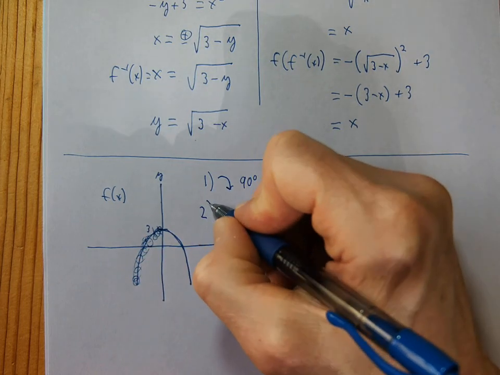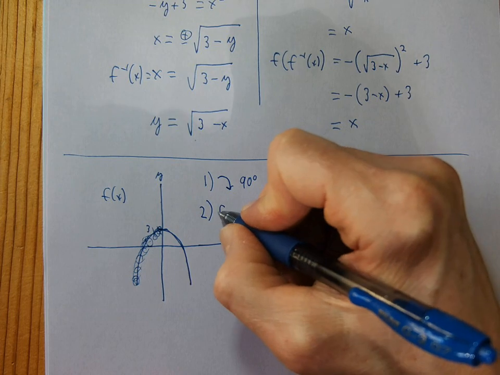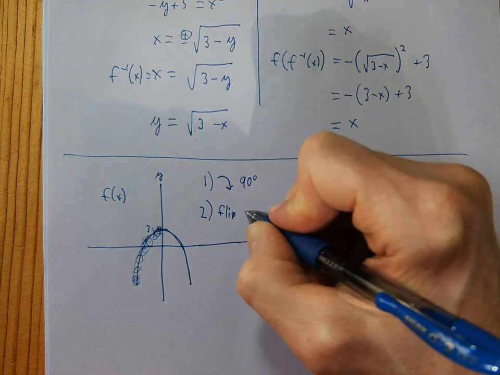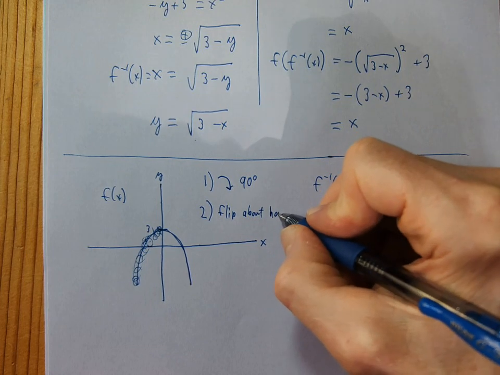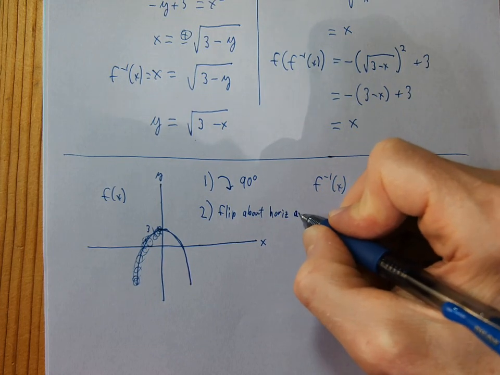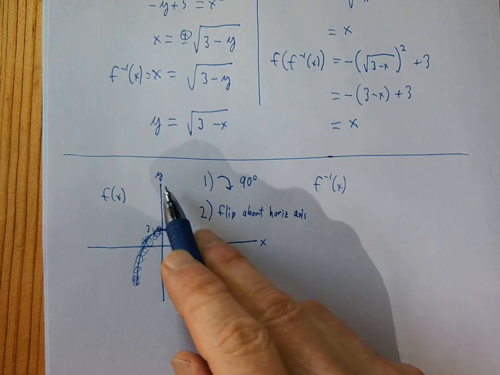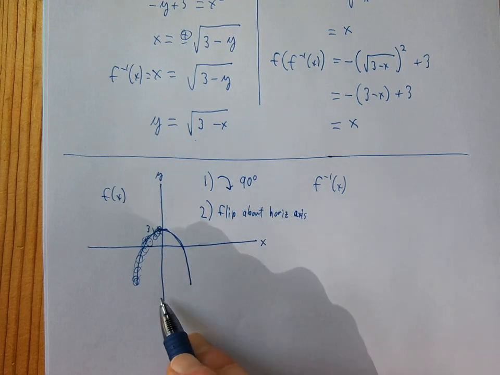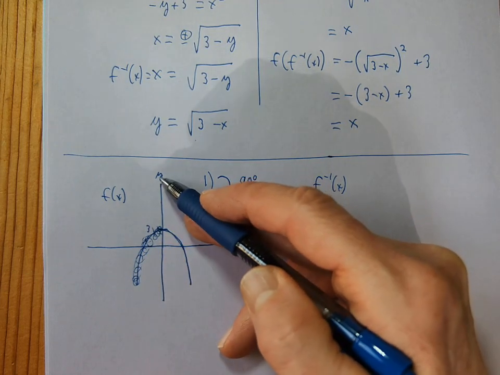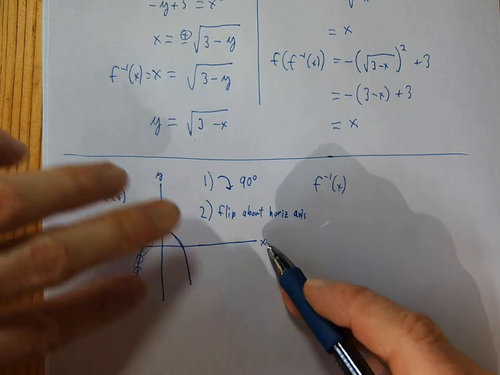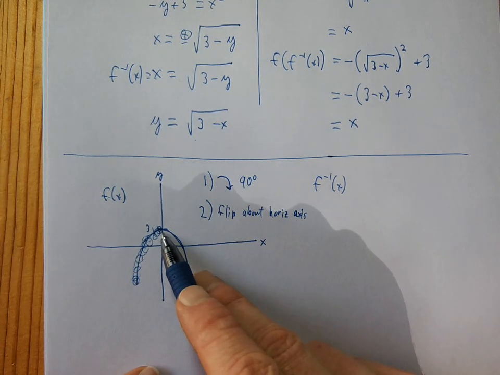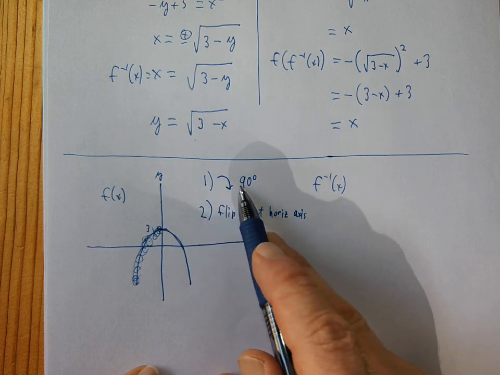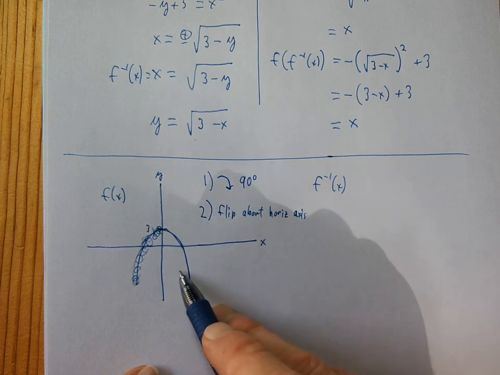So the second step then is to flip the graph about the x-axis, which is now the y-axis, so we should just call it the horizontal axis. Then it's just like we switch the x's and y's. The y becomes here, the x is here, oops, we want positive x up here, positive y here, so we have to flip it like that. So to graph the first one, then take it, rotate it 90 degrees, flip about the horizontal axis to do the second one.